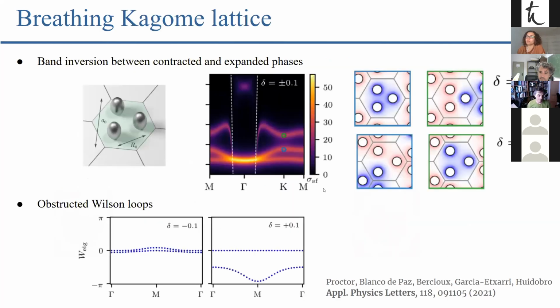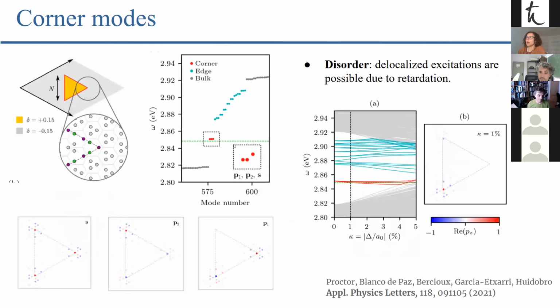So just a final comment about the breathing Kagome lattice. We did a similar study as with the breathing honeycomb lattice. I will just mention that we studied similarly the effect of disorder in this kind of cavity and its effect on the corner modes.